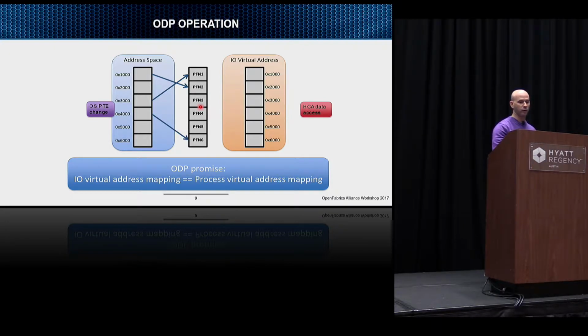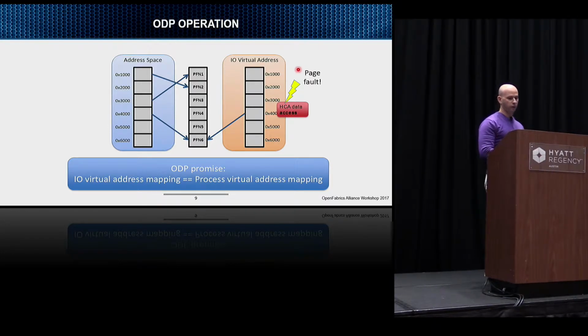And once we have this change, we invalidate the entry here of the IOMMU, and it could be that a microsecond later, an access comes in and incurs a page fault. So what's going to happen is that the HCA is going to raise a page fault of the device.